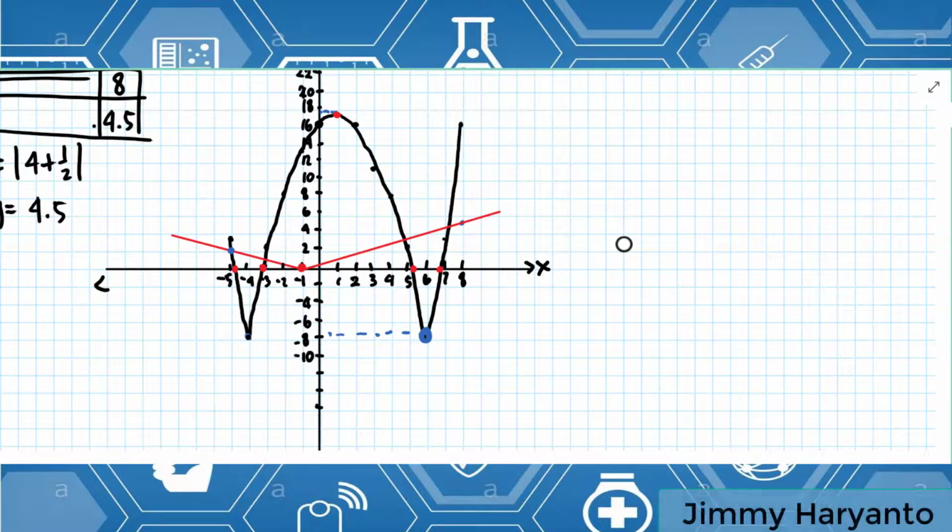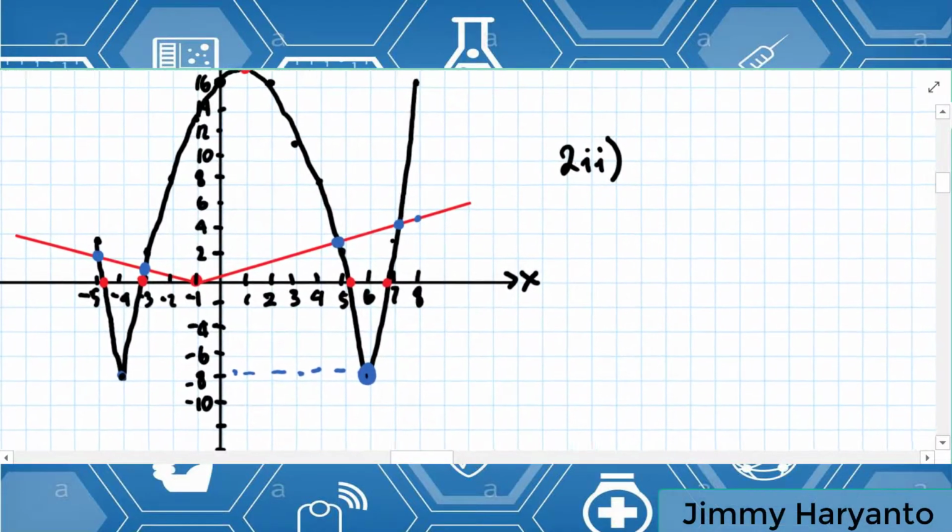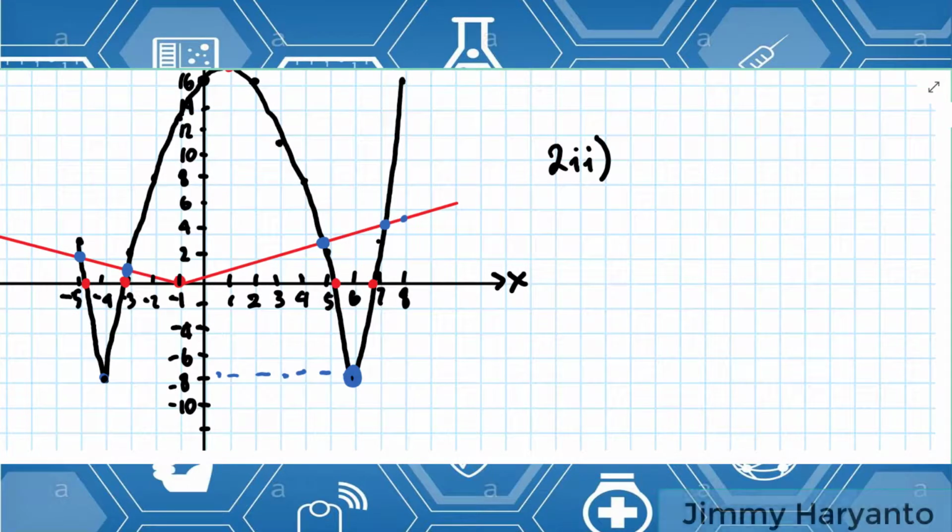Okay, so this is the graph of the second function. And then for 2i, the question asks us for the points of intersection. The first point of intersection is this one, and then the second, the third, the fourth. One more time, I don't have graph paper on me, so it will not be too accurate, but around that.